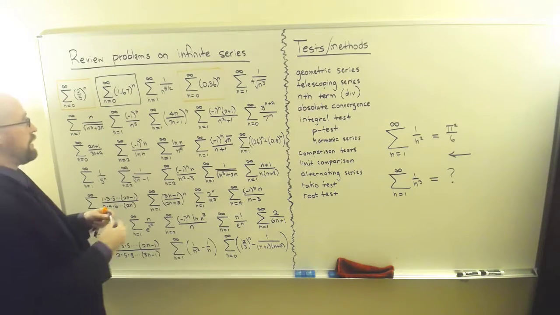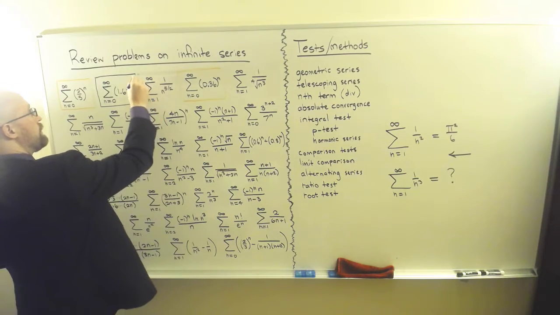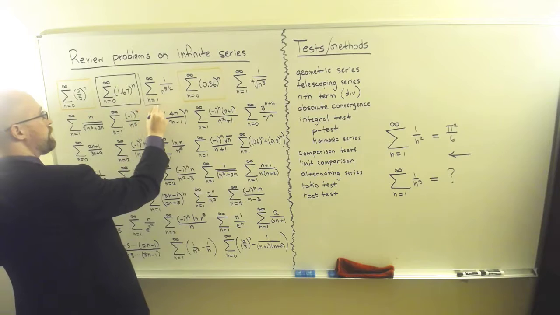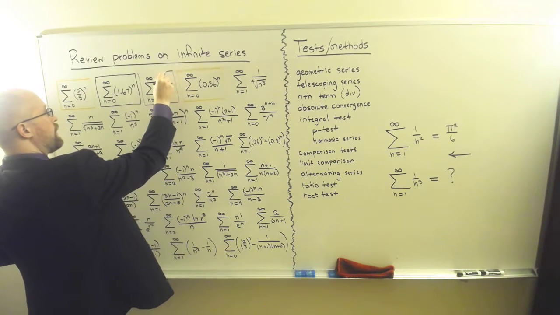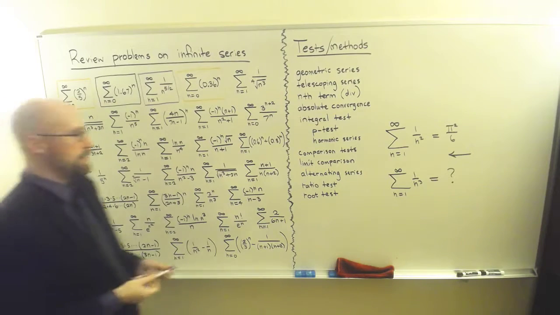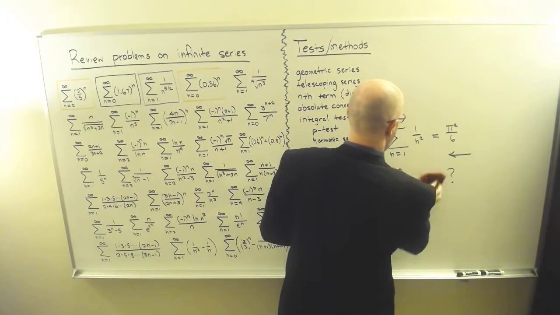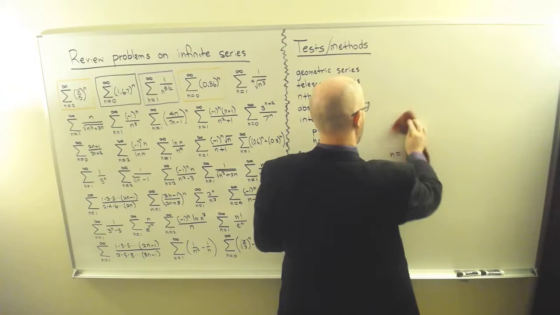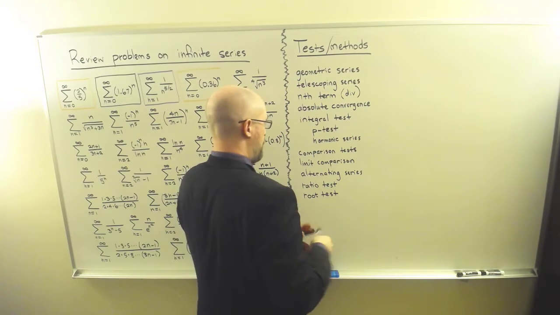And so for that reason, I will put it in purple, because we know it converges, but we don't know what the sum is. Maybe I didn't spell that out earlier when I was just saying what the powers were.